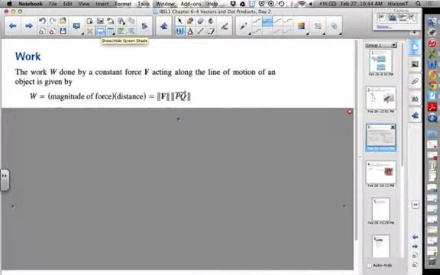So we're either multiplying pounds times feet, or we're multiplying newtons times meters.